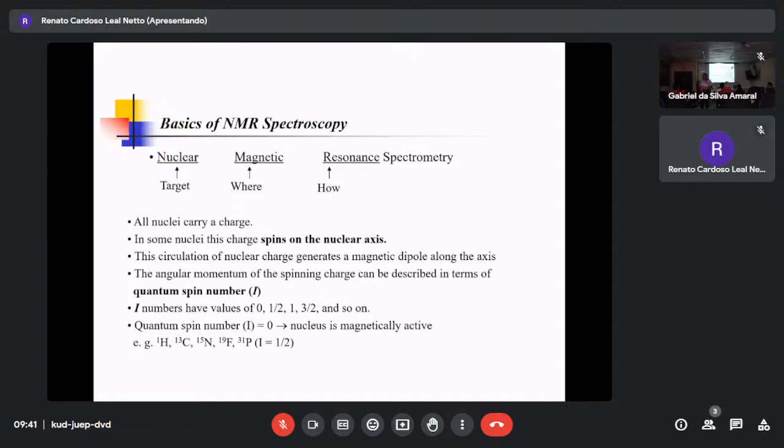H 1, 1, this C 13, 6, and N 15, 7. If one of the numbers is odd, then it is magnetically active. Now H, 1 and 1, is magnetically active.